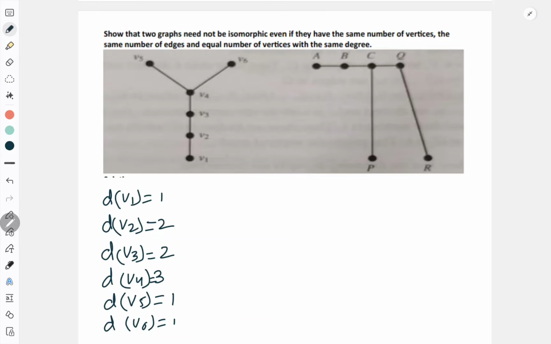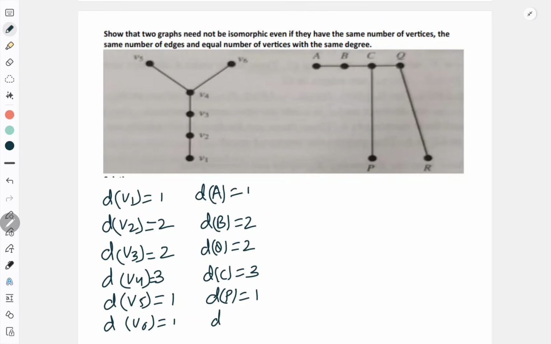And if I go here, now degree of A is 1, so I can put it here. Degree of B is 2, so I can put it here. Degree of C is 3, so I should put it here. Degree of Q is 2, so I can put here DQ 2. Then degree of P is 1 and degree of R is also 1.